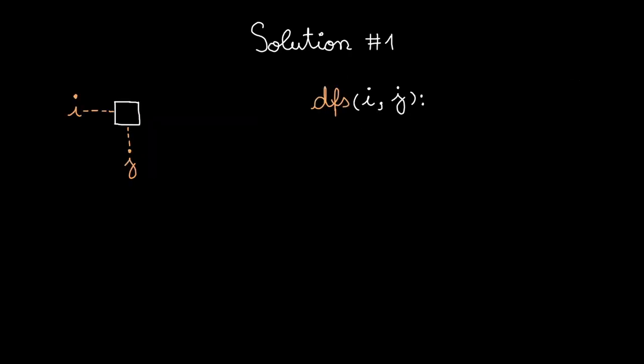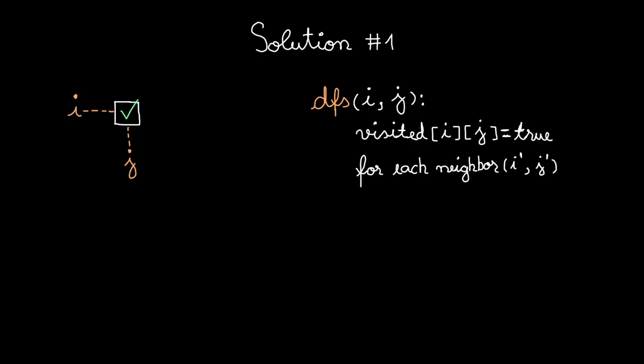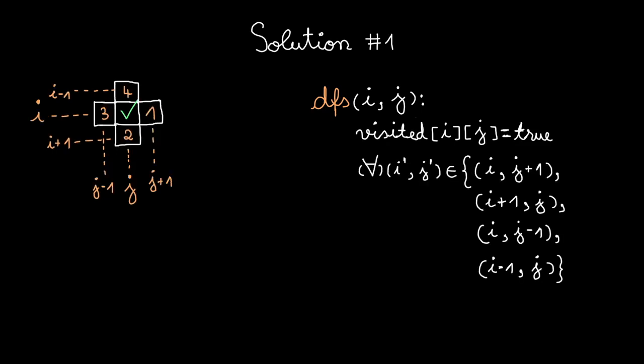Inside the function call, we first mark the cell as visited. Then, we will iterate through each and every neighbor, i prime, j prime. There are a total of 4 neighbors, but be careful in case some of them are not valid. For example, when i equals 0, the neighbor i minus 1 and j doesn't exist.